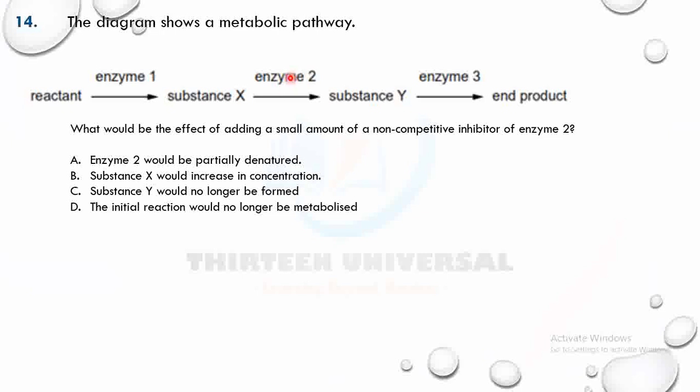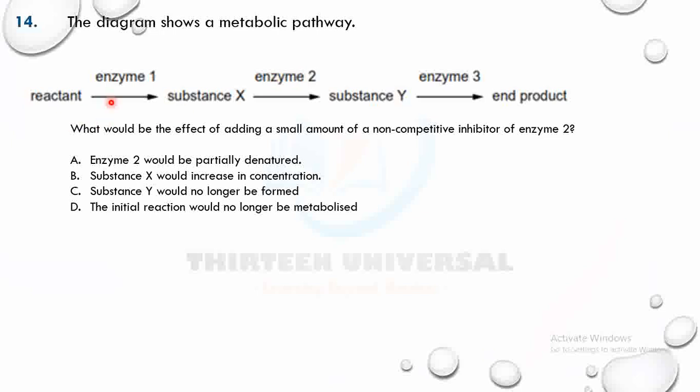So the amount of enzyme 2 available to work on substrate X will be less, because this enzyme 2 converts substance X to substance Y. If you have a non-competitive inhibitor, sometimes they denature the enzymes. So some of these enzymes are going to be inhibited.